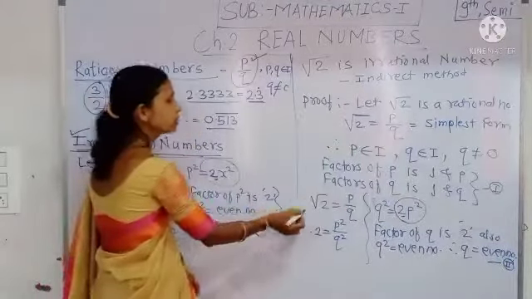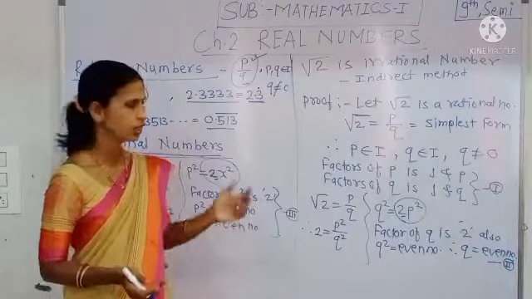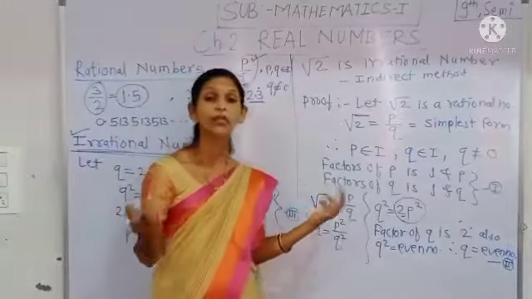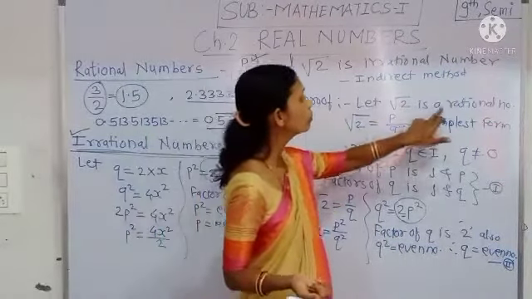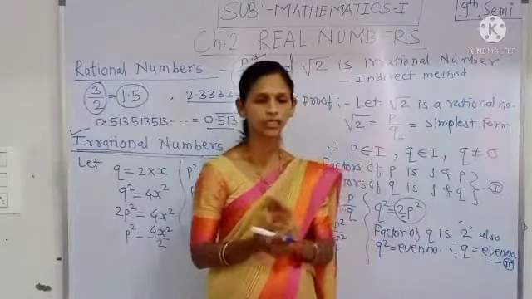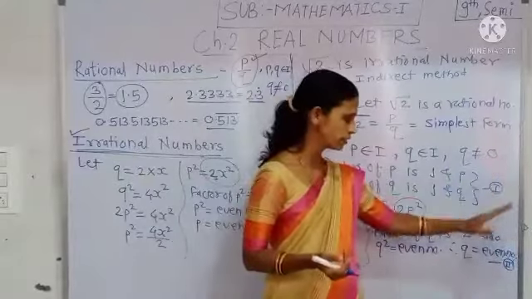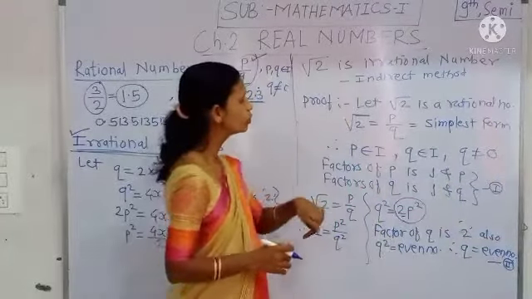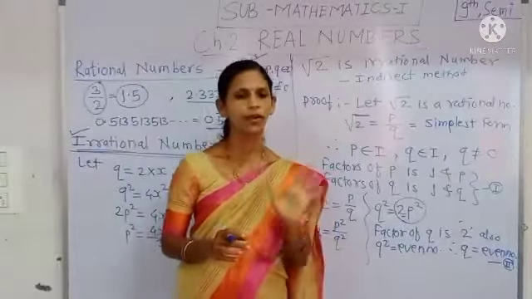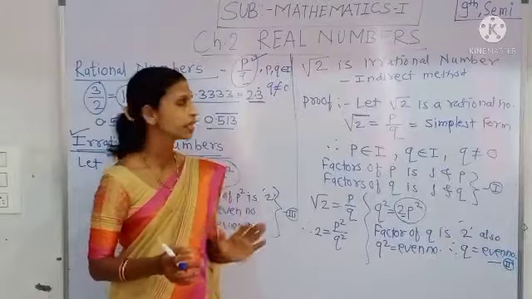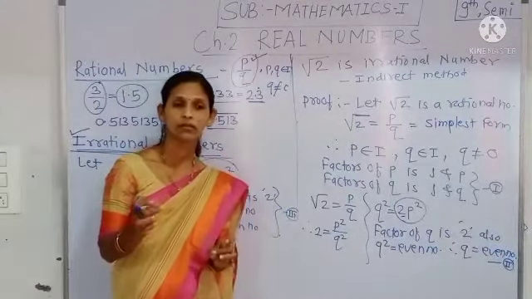Therefore, these 3 statements are contradictory, because we considered that square root of 2 is a rational number. Therefore, we have to conclude that root 2 is an irrational number. That is the proof of irrational numbers.